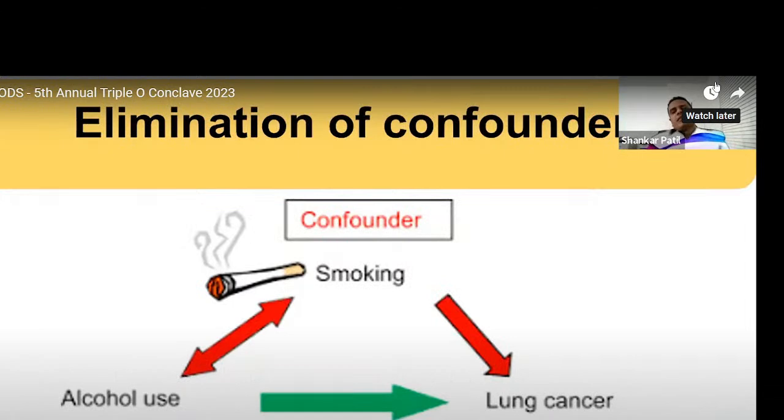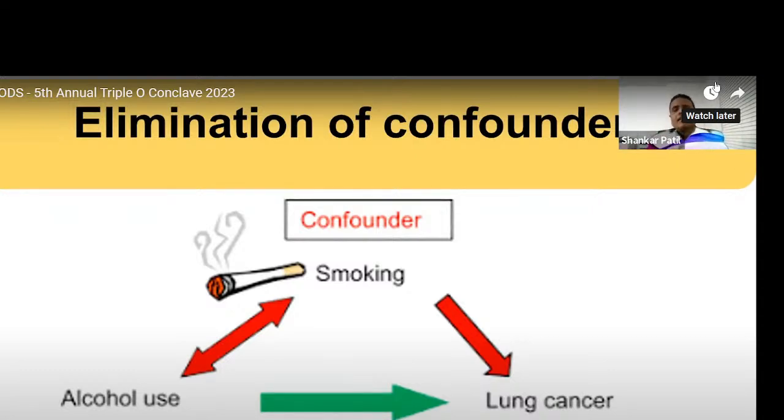And elimination of confounders. Suppose you are doing a study on water pipe smoking, that is hookah or shisha. You cannot have patients who have a smoking habit, an alcohol habit, and also vaping or e-cigarette use. If he has multiple habits, then that study will definitely get biased, and there are too many confounders.